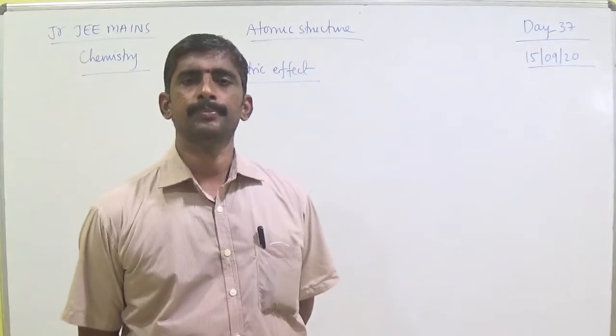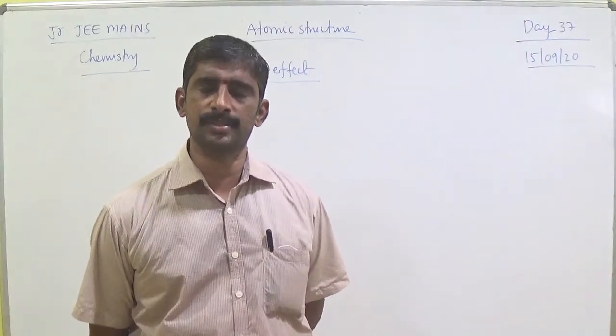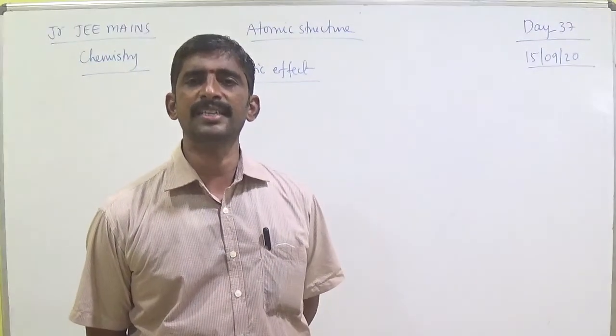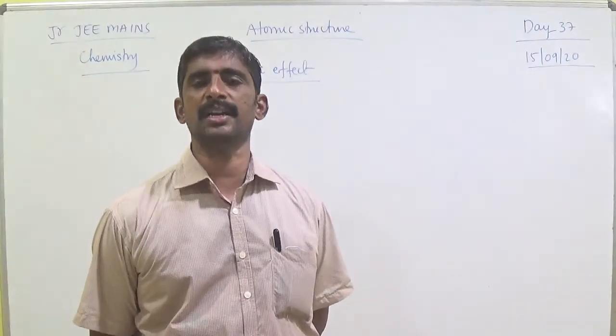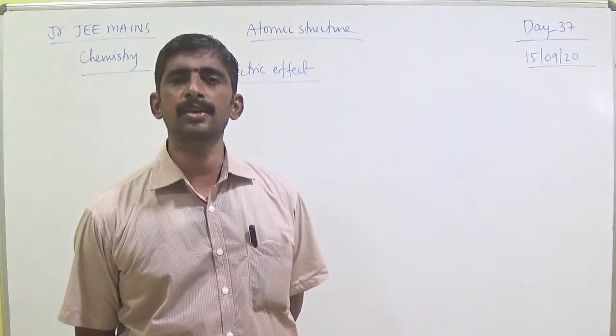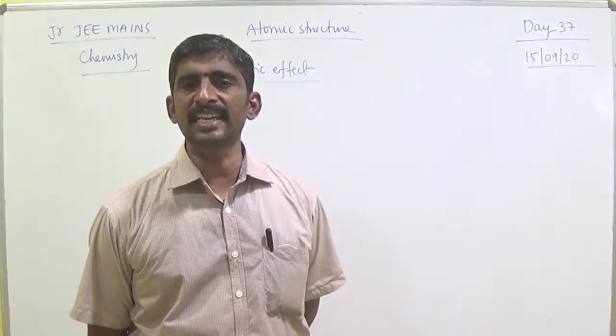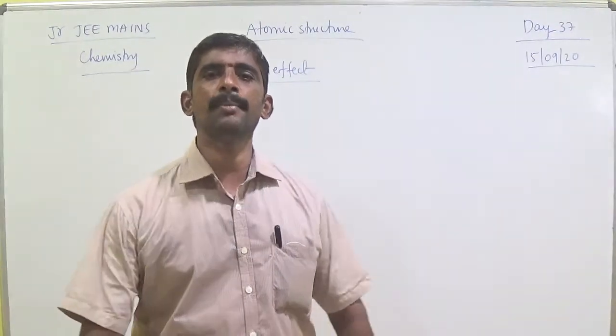So when light falls on a clean metal surface, the electrons are ejected or emitted. Emitted means released. This phenomenon is known as photoelectric effect. Photoelectric effect is readily exhibited by alkali metals.